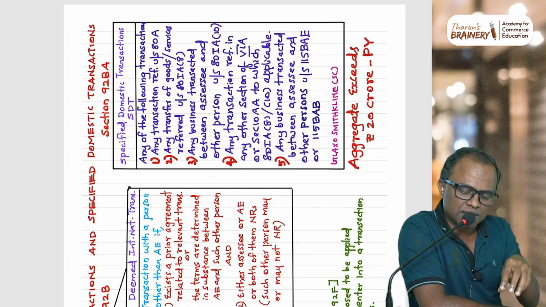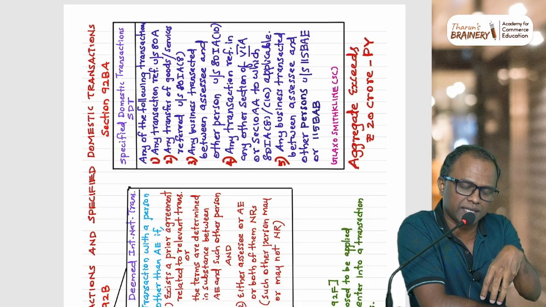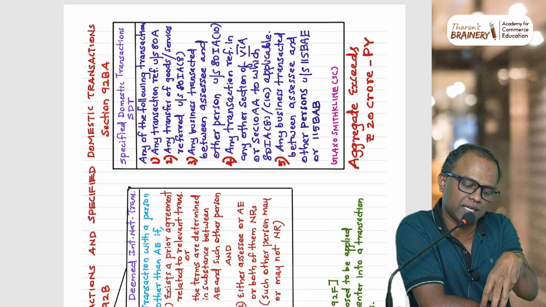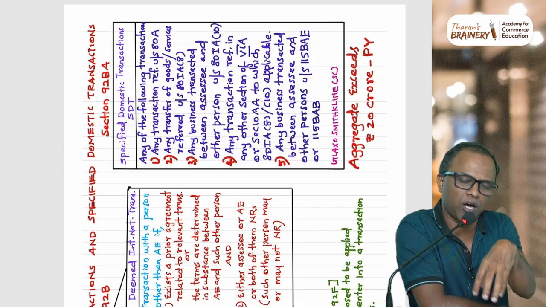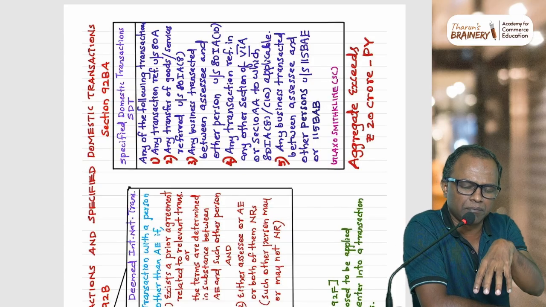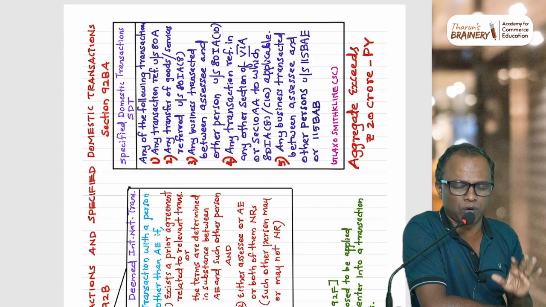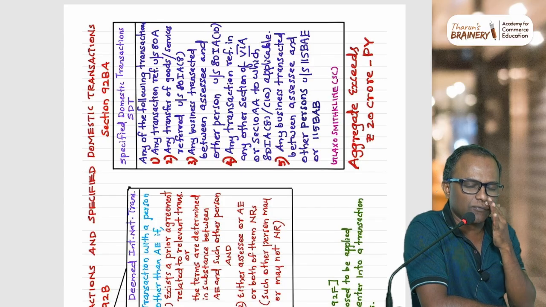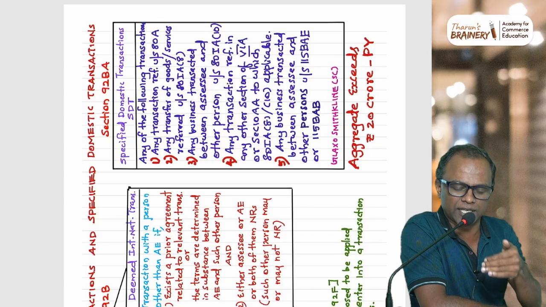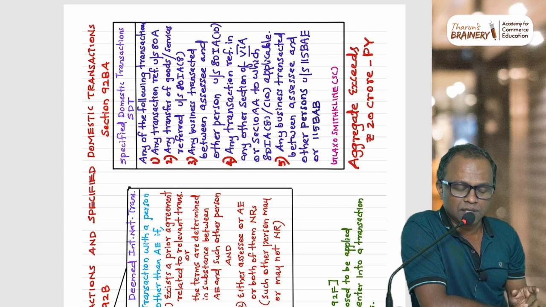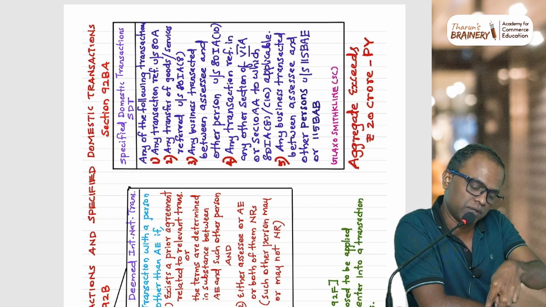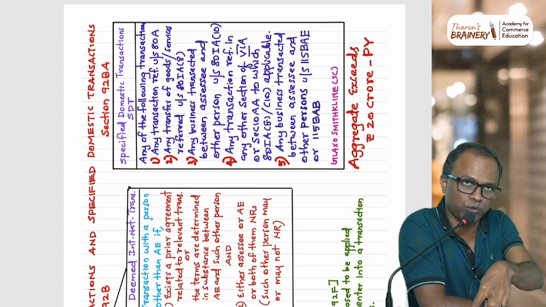Sometimes these 115BAB companies enter into transactions with other persons, and their profit is diverted and manipulated, claiming the concessional rate of taxation for ineligible profit. That transaction will also be computed as per the transfer pricing provision. But in all these cases, the amount should exceed rupees 20 crore.